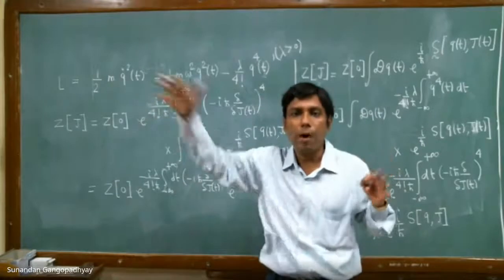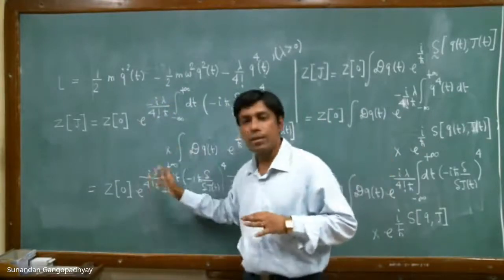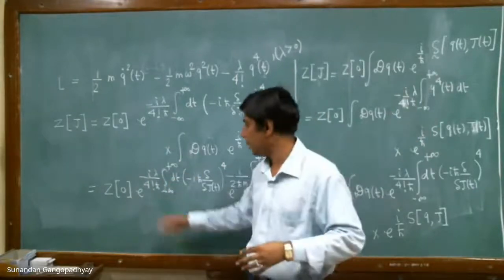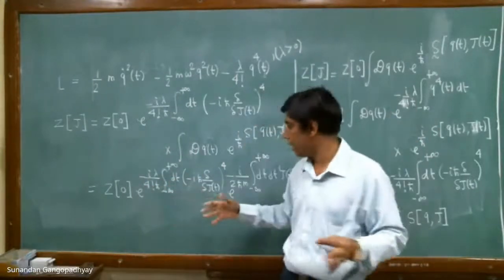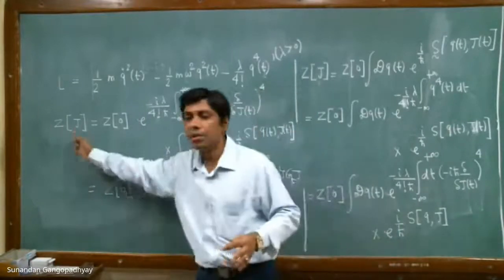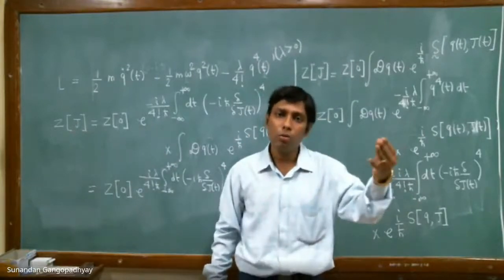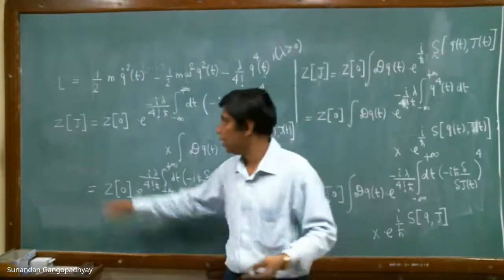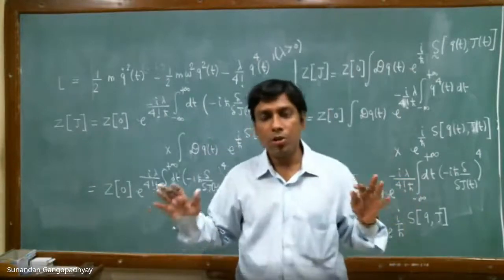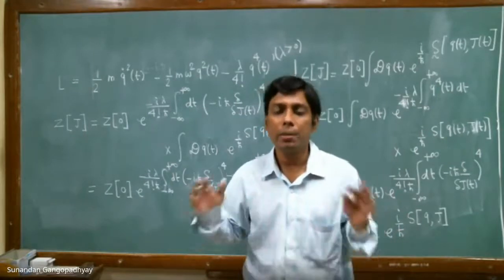So this will be a power series in lambda. You compute this full thing, and that will give you the generating functional up to the order in lambda to which you keep the expression. Once you have the generating functional, you functionally differentiate and you will get the n-point functions.